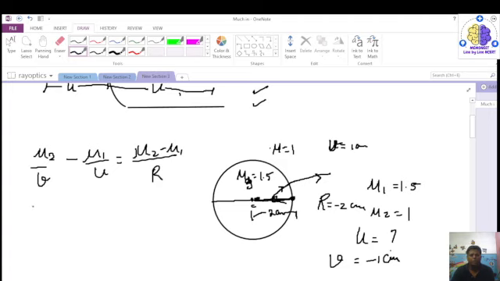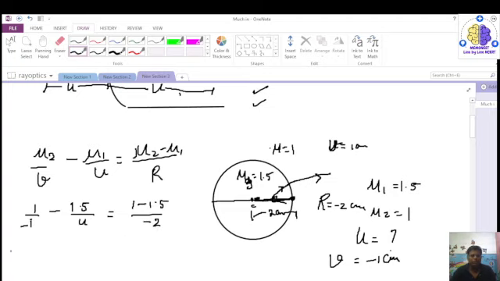So putting the values, we get 1 upon v, that is 1 upon minus 1, minus 1.5 upon u, where u is unknown to us, is equal to mu2 minus mu1, that is 1 minus 1.5, upon minus 2, right?